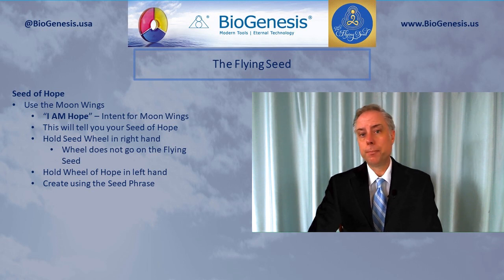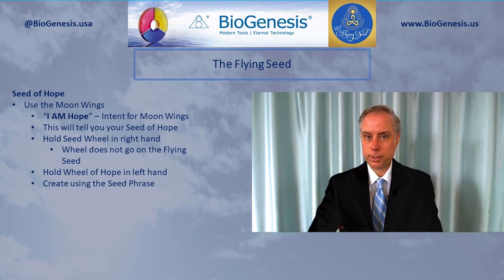Then we take the primary wheel associated with that seed number. Instead of placing it on the seed, on the flying seed itself, we instead place it in our right hand. And in the left hand, we will hold the wheel of hope. Wheel of hope in the left hand, primary wheel for the seed of hope in the right hand.